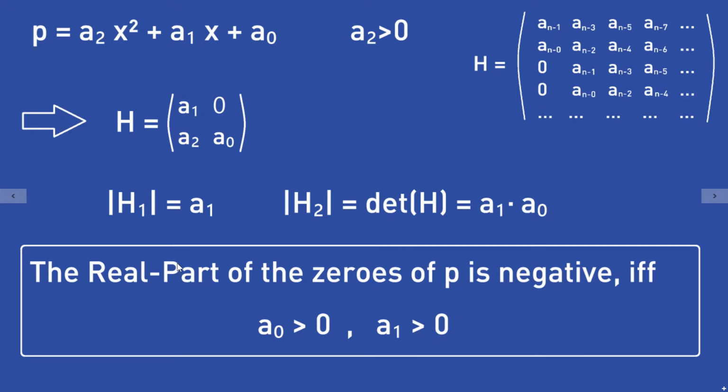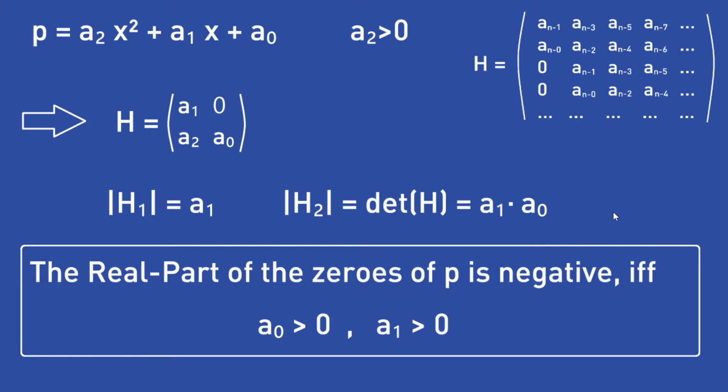So the Routh-Hurwitz criterion tells us that the real part of the zeros of P is negative if the coefficient a0 is larger than 0 and a1 is larger than 0. Because if this is the case, the principal minors are positive.